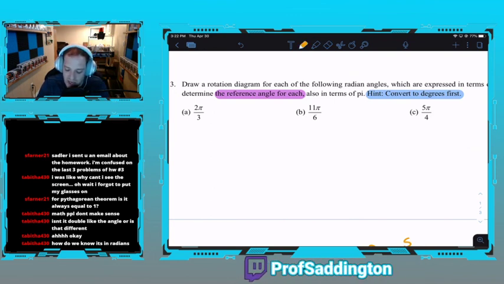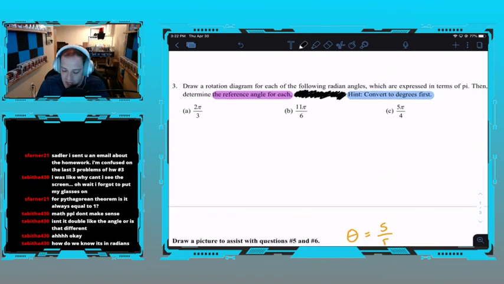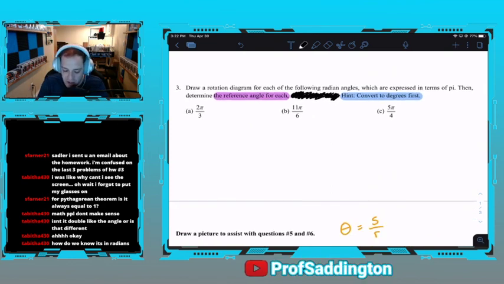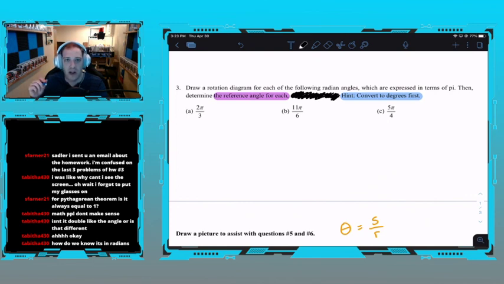I just want you guys to convert it into degrees and then graph it. So I just crossed off this middle part right here. So all I'm looking for you guys to do, convert it into degrees first by doing the conversion we did yesterday. Graph it and find your reference angle. Like create the right triangle like we did on the homework the other day. Okay?